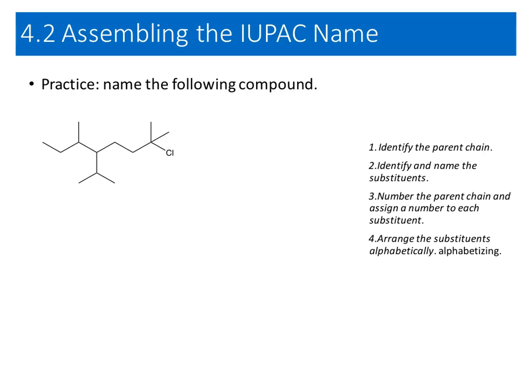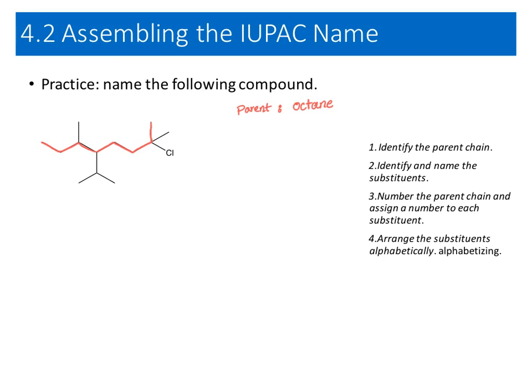However, the longest chain possible with the highest number of carbons would be this route. So this is going to be my parent chain. Now let's count the number of carbons in the parent chain. This is 1, 2, 3, 4, 5, 6, 7, 8. So the parent chain has 8 carbons. Therefore it is oct, and since this is an alkane, this is octane.